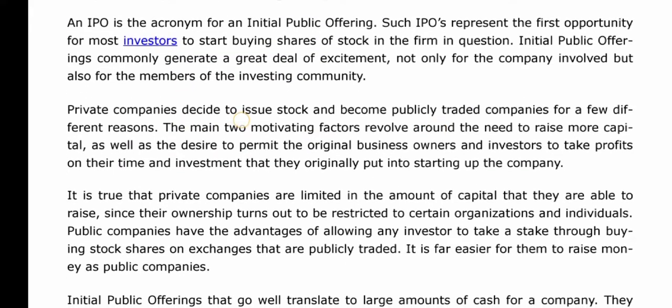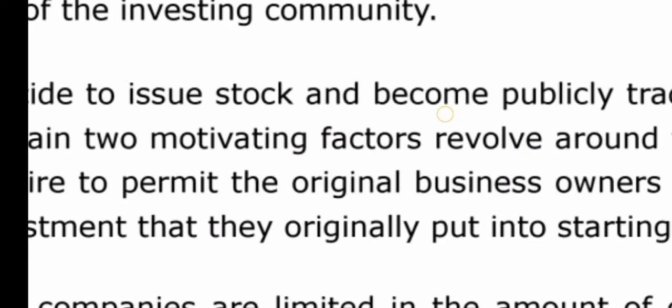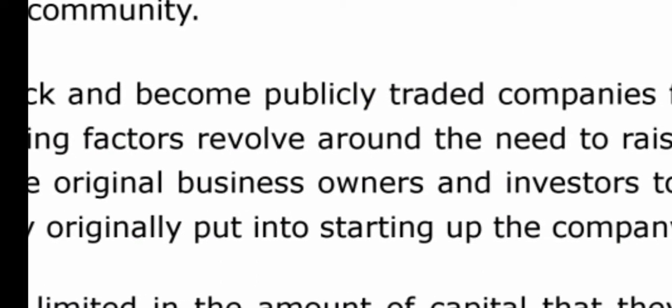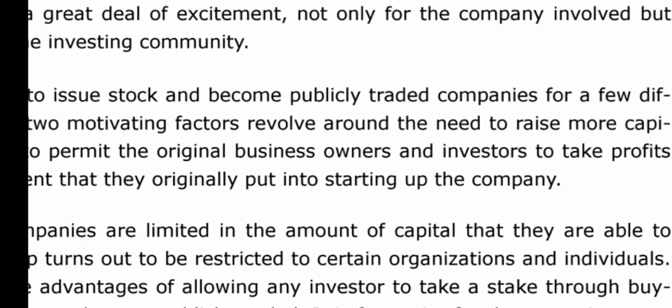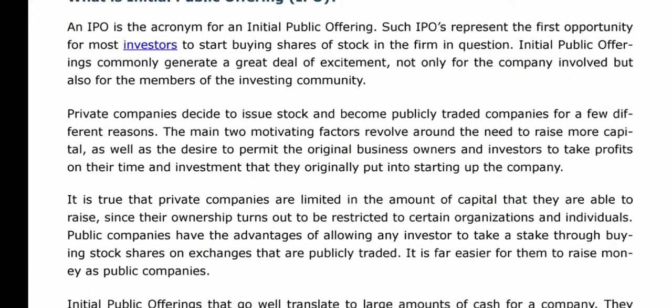Private companies decide to issue stocks and become publicly traded companies for a few different reasons.